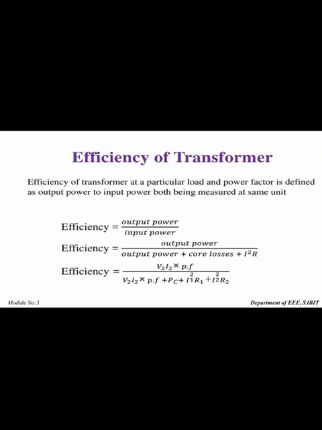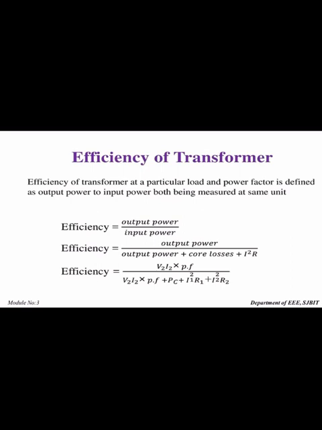Then, the efficiency of a transformer. Efficiency is nothing but the output we get for the effort we put in. In electrical terms, it is the ratio of output power to input power.